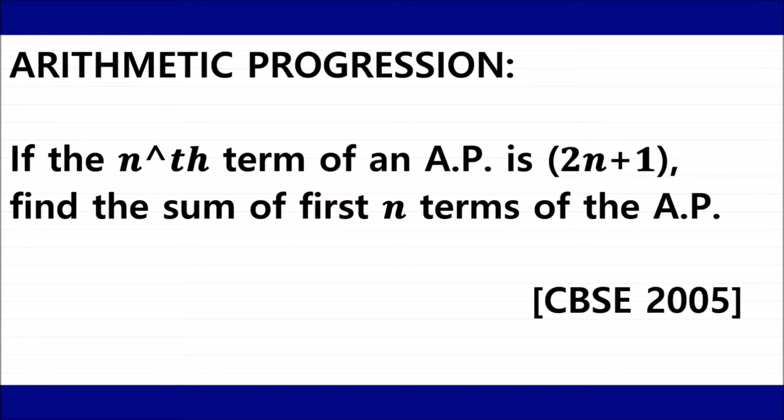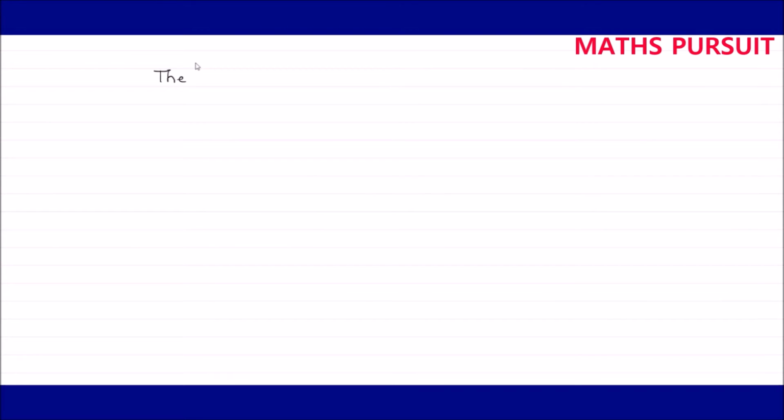So as per the question, they have given the nth term of the AP, which is 2n plus 1. They have given the value for the nth term. So the value of the nth term is 2n plus 1.